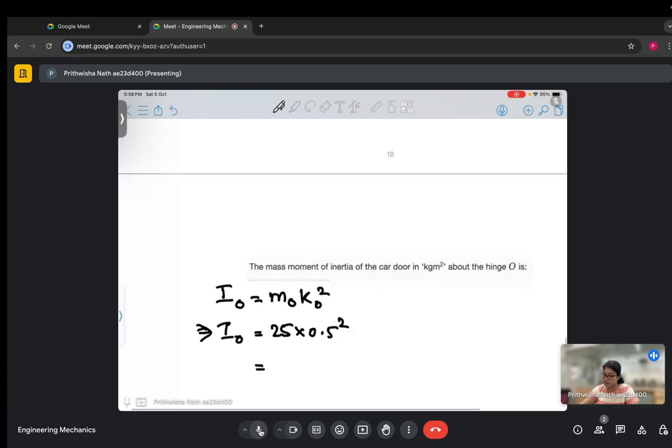So this comes out to be 6.25. I_O is 6.25 kg meter square.